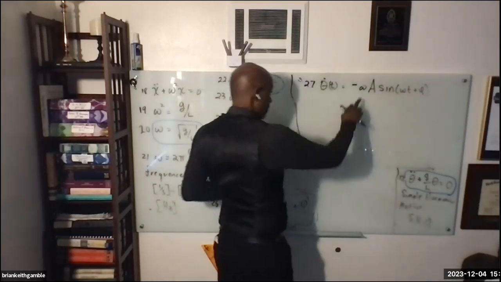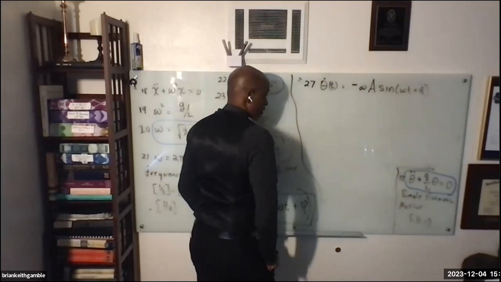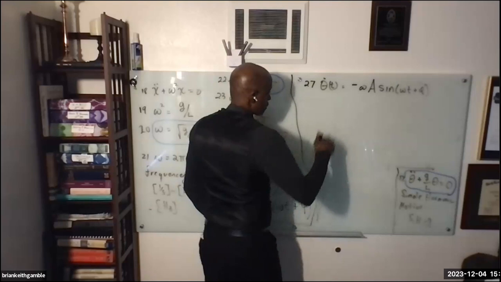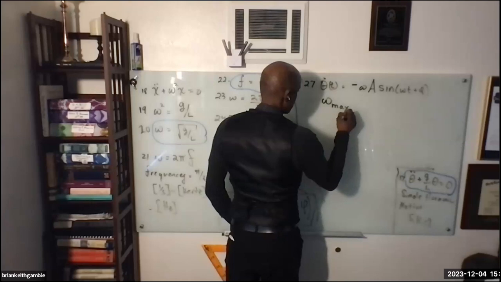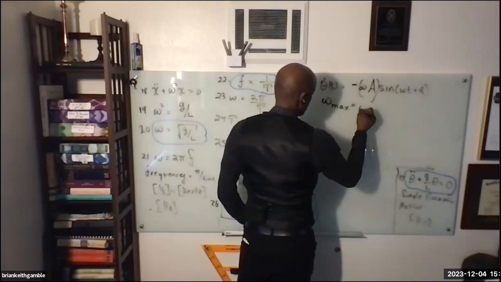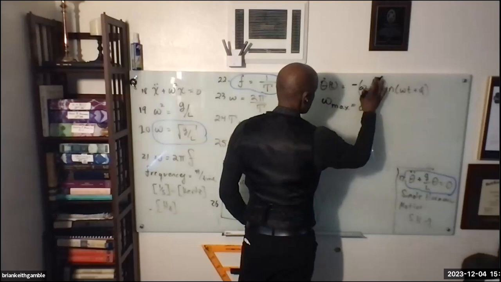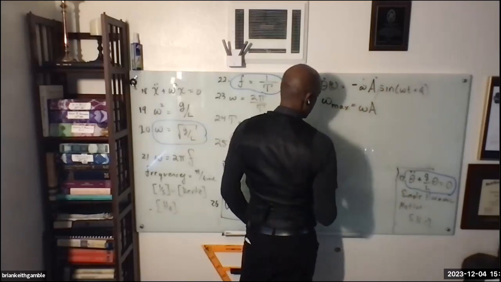And remember, I told you that omega has units of frequency, which is 1/seconds. So basically, this becomes omega max. The maximum amplitude is basically this coefficient here, omega times A, and it has units of meters per second.